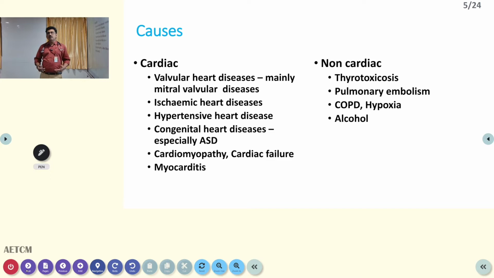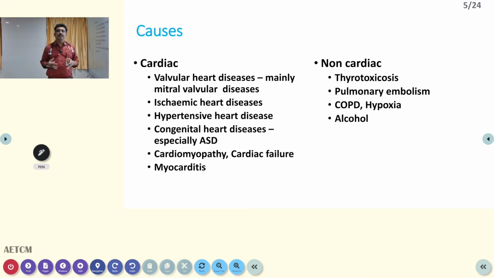So what are the causes for atrial fibrillation? Almost all causes of ischemic heart disease, hypertensive heart disease, congenital heart disease, cardiomyopathy, cardiac failure, whatever causes damage to the heart, can produce atrial fibrillation, especially when the atria are enlarged.